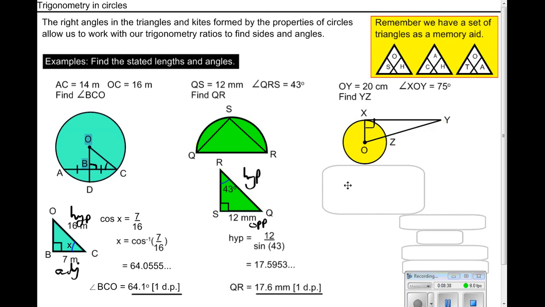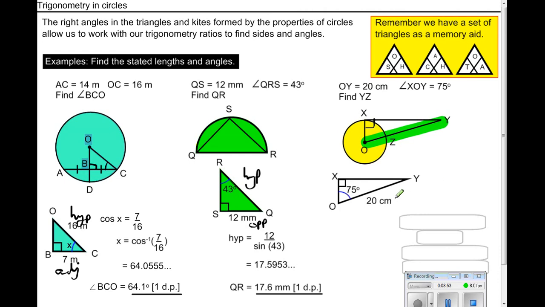Well, first things first, I want to draw my triangle out. So my right angle, my 75 degrees, my 20 centimeters I'll put in. I know how long OY is, and I want to find this distance here. This is a case of being a bit sneaky and realizing, well, this distance is the same as this distance.